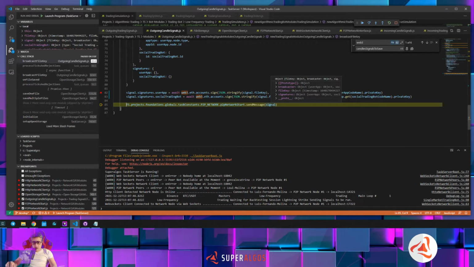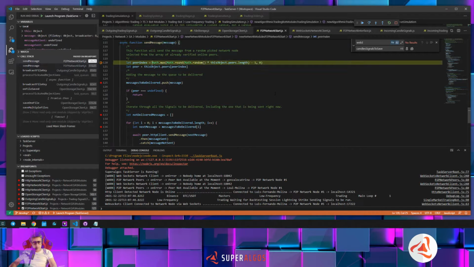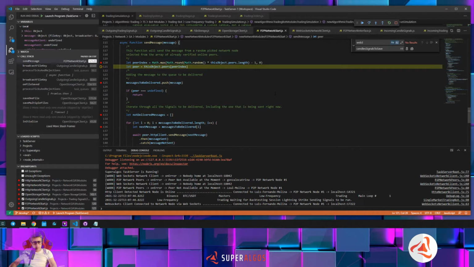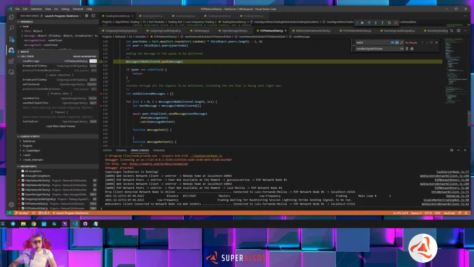on the way to the network start. So here we choose a network node and push the message to an array of messages to be delivered.